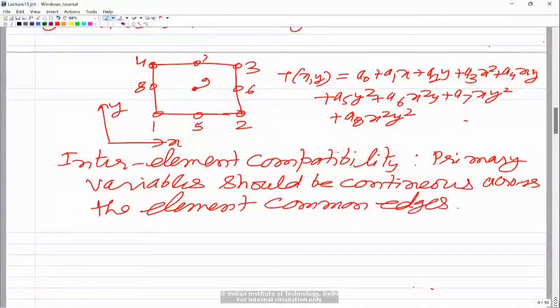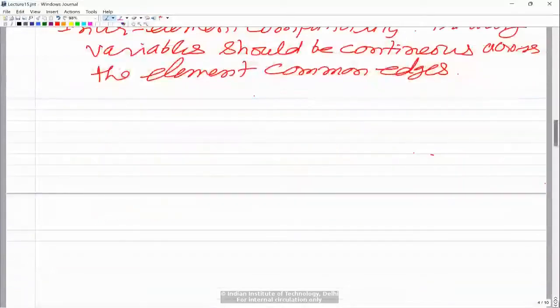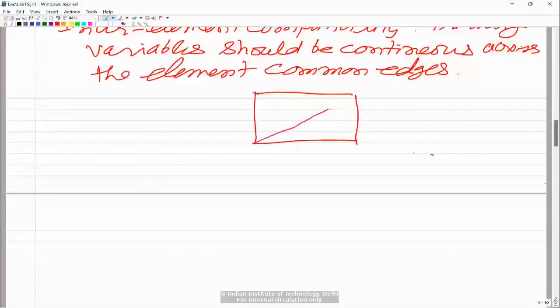What it means is, for example, we have a rectangular domain discretized using triangular elements. You could discretize in this manner. These are the 4 nodes you have. We are discretizing this into two 3 noded triangular elements.